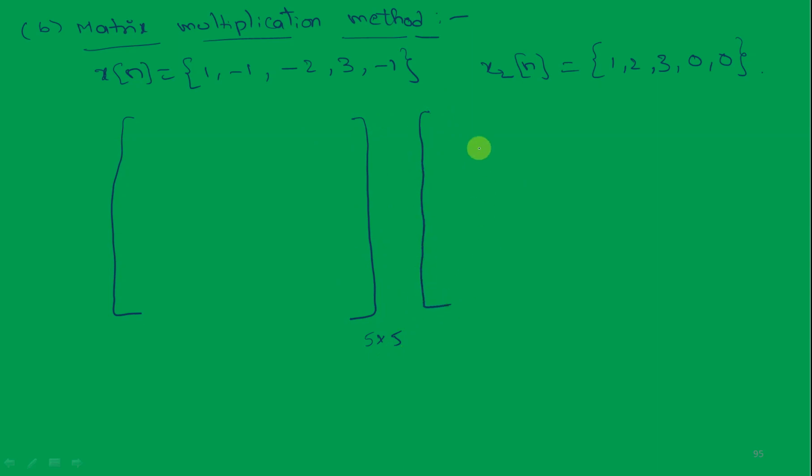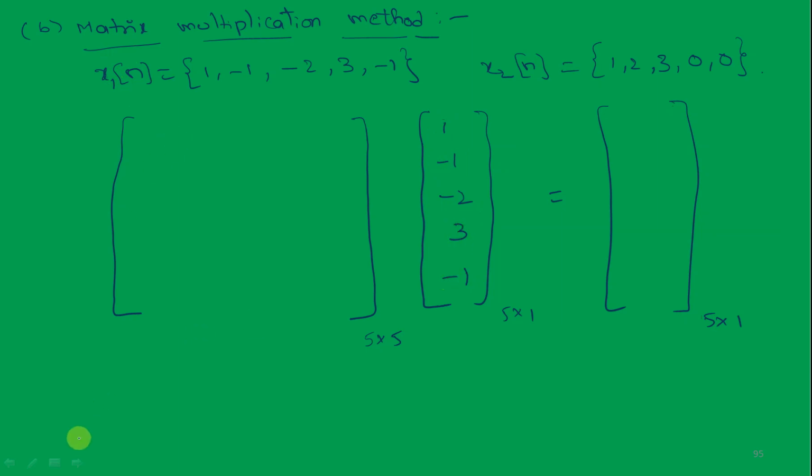Now take a column matrix of 5 by 1, and you can get the output, that also 5 by 1.